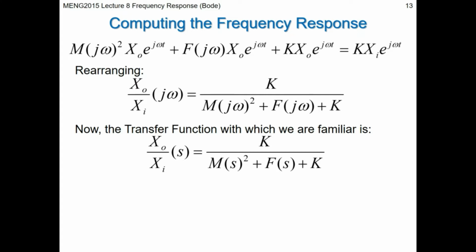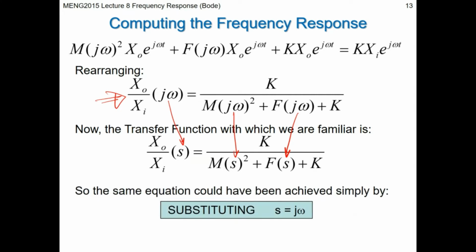And you can see we could have just taken that Laplace form function and replaced all our s's with j omegas. If we put j omega into here, j omega into here, j omega into here, then we'd have gotten the same function.